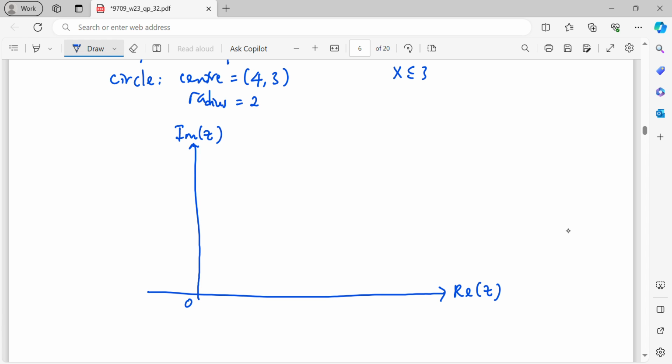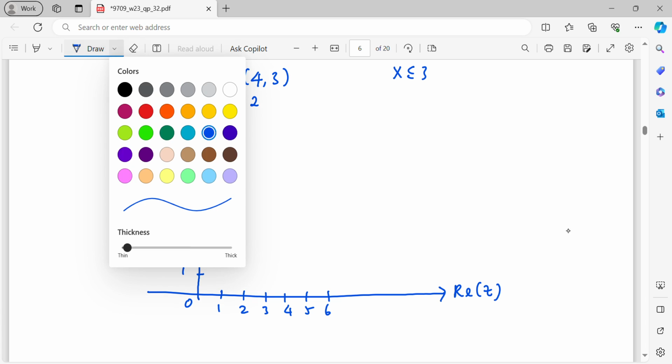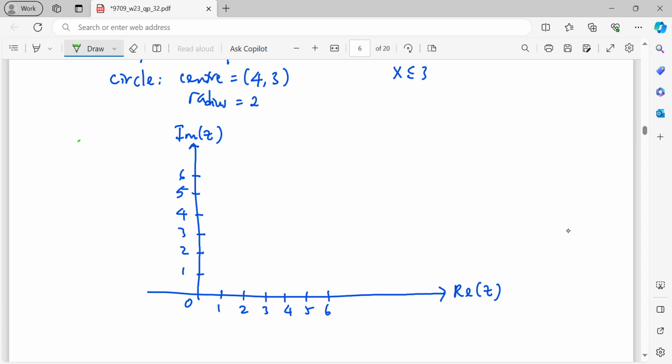The center is at (4, 3) and the radius is 2, so we need 6 units on each axis. Now the center is at (4, 3), so I mark here 4 and this is 3. This is the center, and the radius is 2.